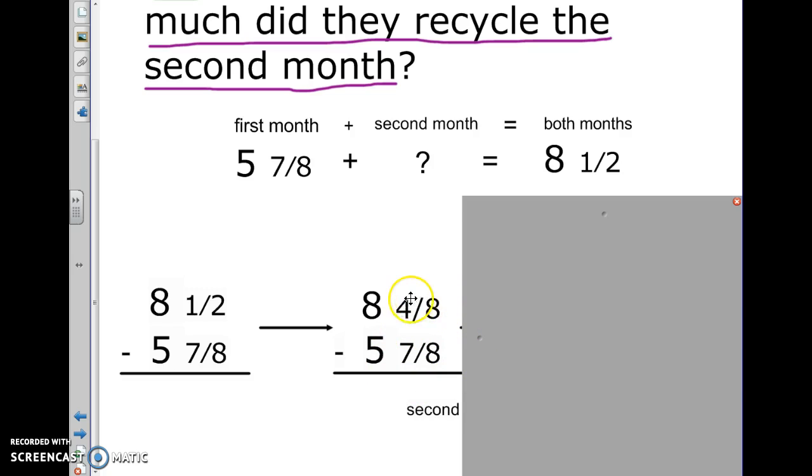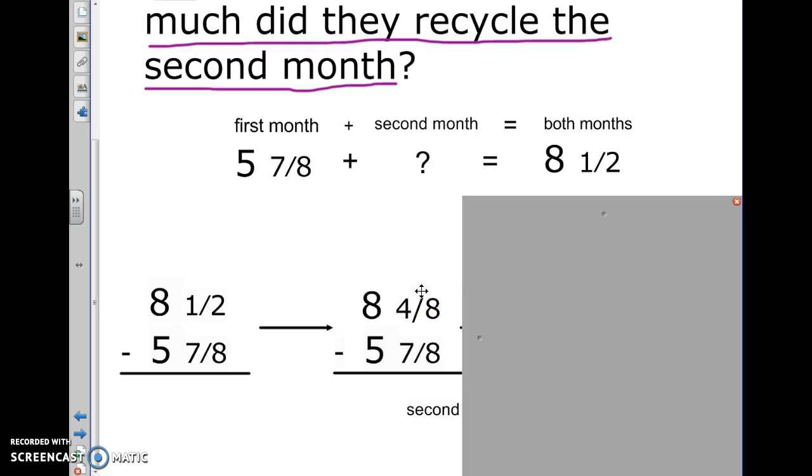And so then I'm going to subtract the fractions first here. 4/8 minus 7/8, I can't do that, right? Because this is a larger fraction than this. So that means I'm going to have to regroup. I'm going to take this 8, remember, 8 is the same as 7 plus 1. I'm going to take that one whole, and I'm going to regroup it as a fraction in eighths.